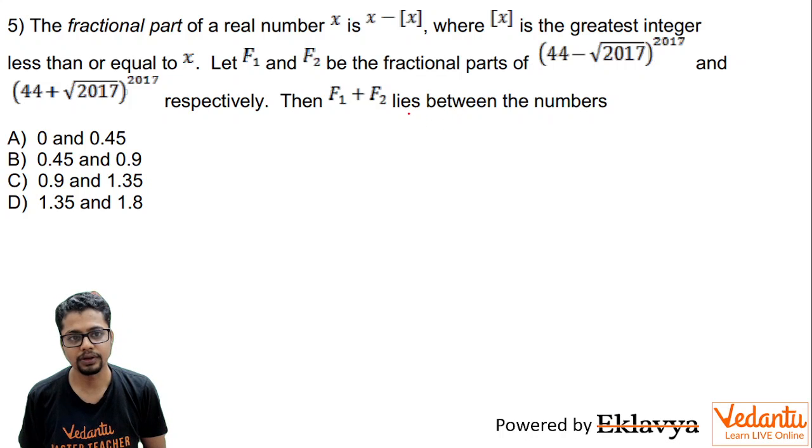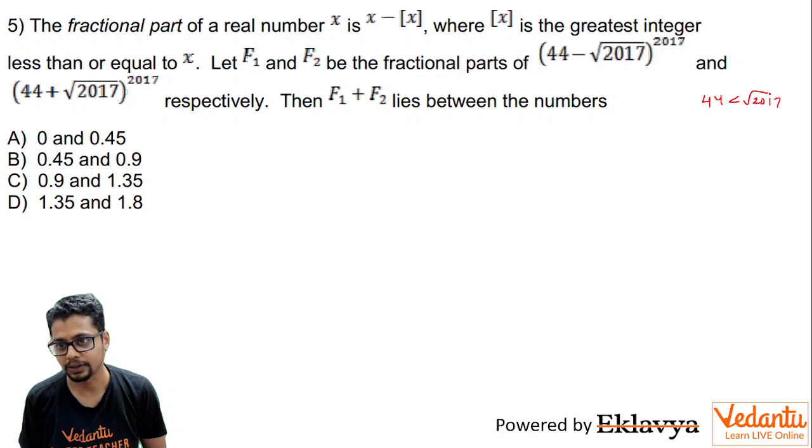So first of all, try to realize that 44 is less than root 2017, which in turn is less than 45. So 44 minus root 2017 is some negative fraction, and to the power of some odd number it is again a negative fraction.